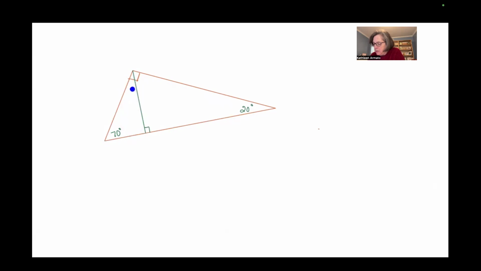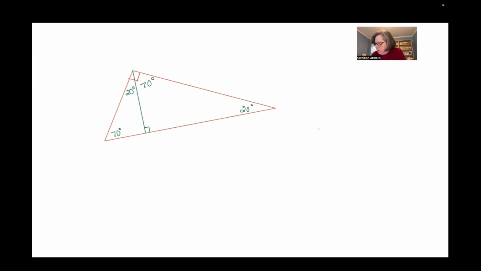If that's 70, then this little angle up here would have to be 20. And then since this angle and this angle add to 90, this one would have to be 70 as well. So I've got this triangle with 20, 70, 90 as its angles, this triangle with 20, 70, 90, and this triangle with 20, 70, 90.